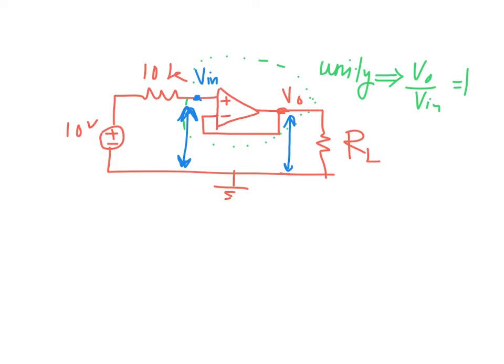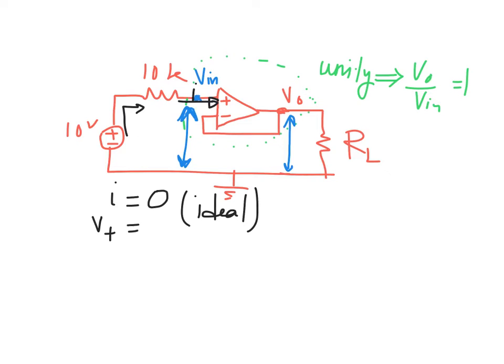Mathematically, let's solve this one. First, the most interesting thing you will notice is the current that will go through this one. It will be the input here, but for the ideal case, the current I will be equal to 0. It's the input current for the ideal operational amplifier. So in the ideal case, no current, plus V plus equals V minus with this feedback circuit.